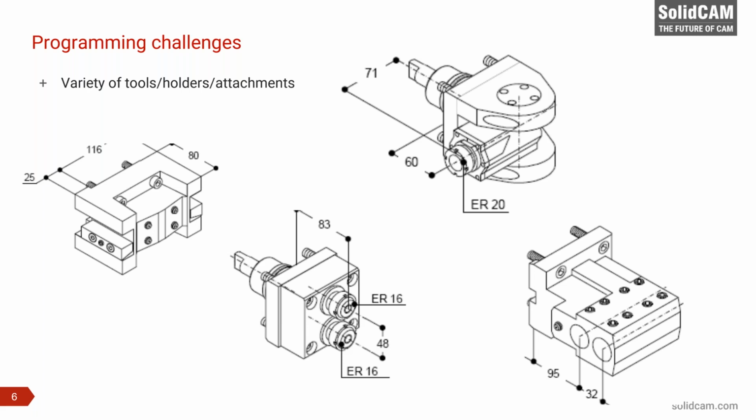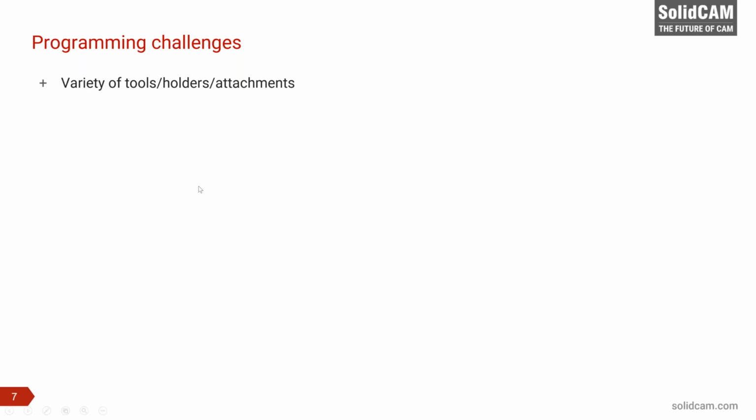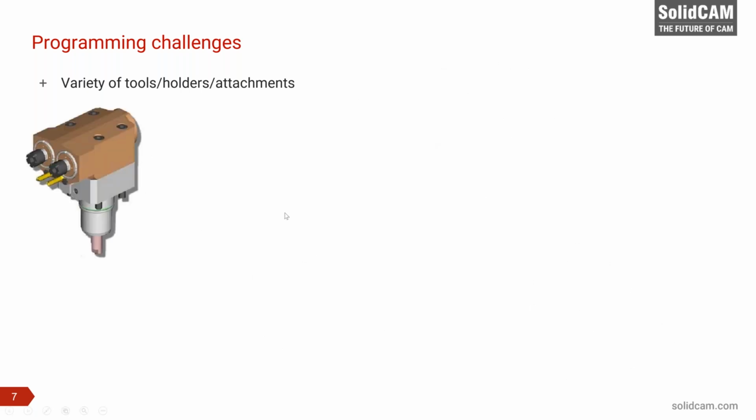So these are tools for turning operations. Here on this slide, you can see different holders, but all these holders could be supplied to a very common and well-known BMT rotary turret. So you can apply these holders, and the capability of the machine will also be wider.